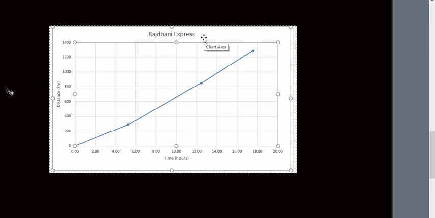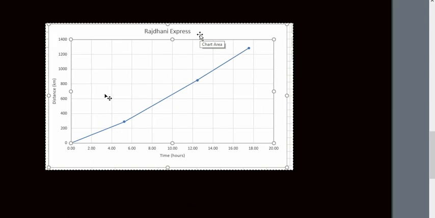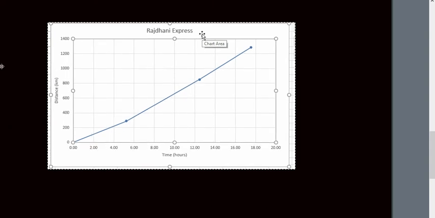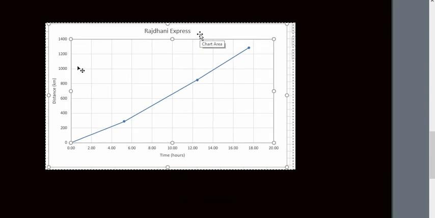This is the plot of Rajdhani Express, and as we saw, it started from Katihar at this time, at 5 point some hours.